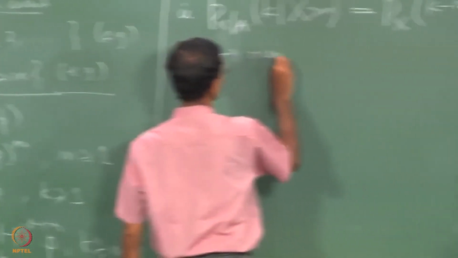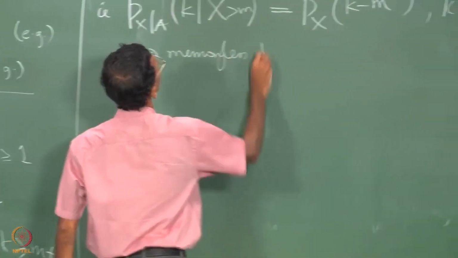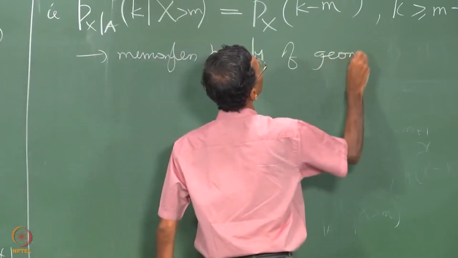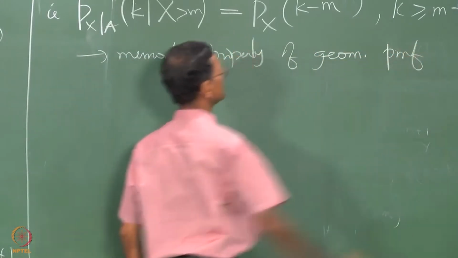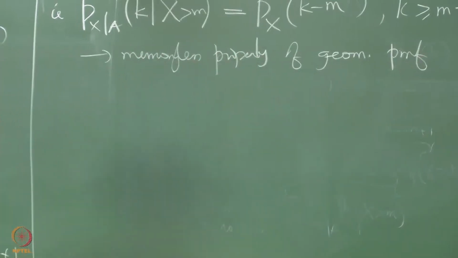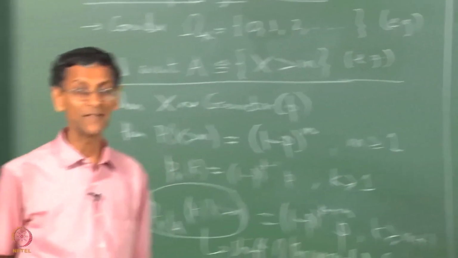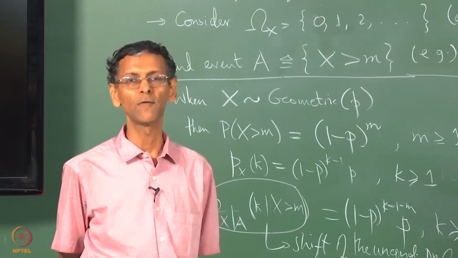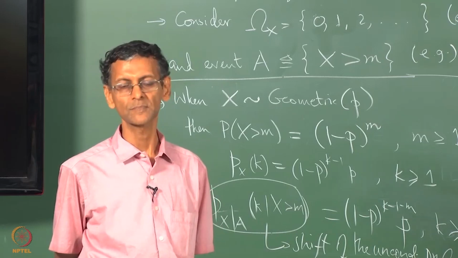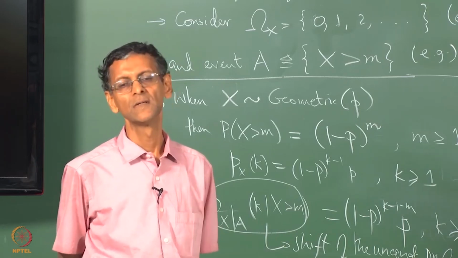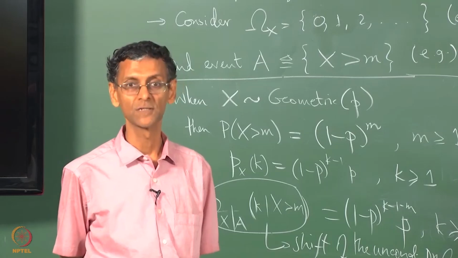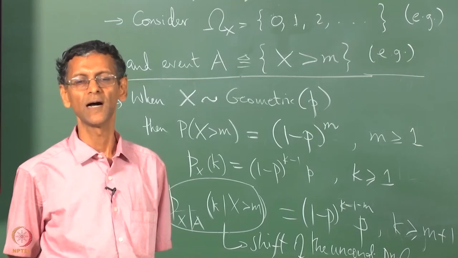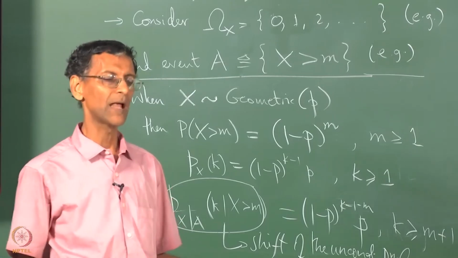Why do you call it the memoryless property? Because the fact that you did not get any success in the first m trials does not have any bearing on how the successes or failures will evolve after that. You are back to the starting point pretty much. What happens in future has no connection to what happened in the past.